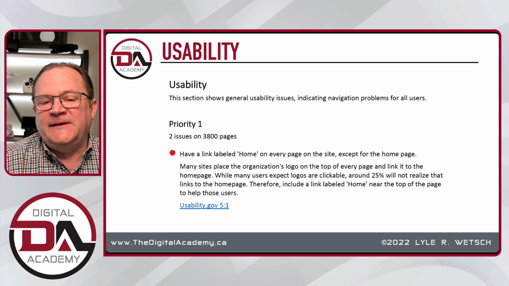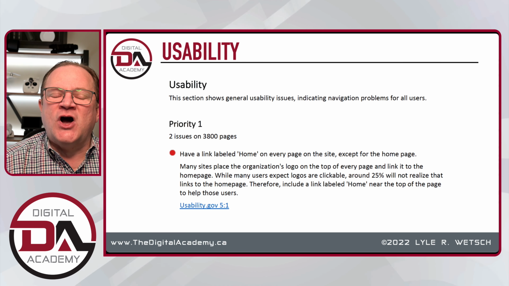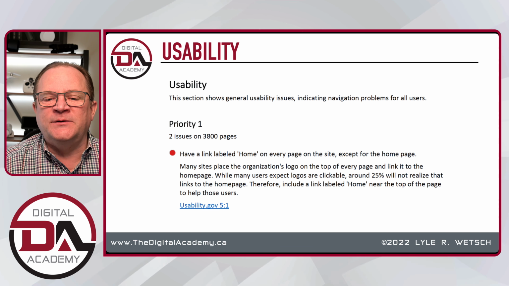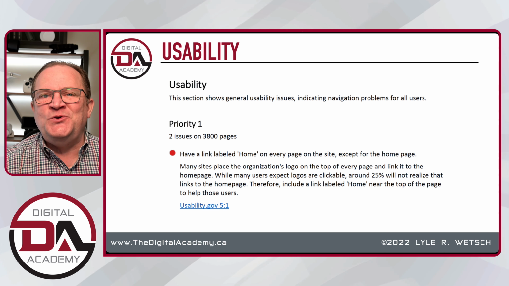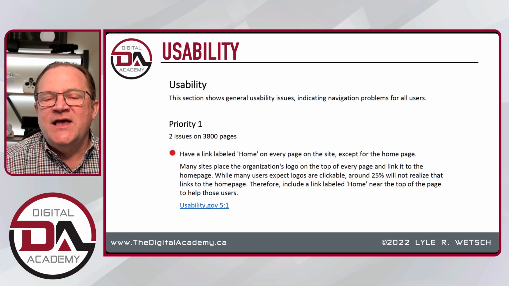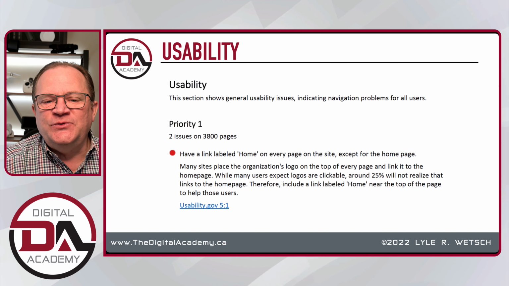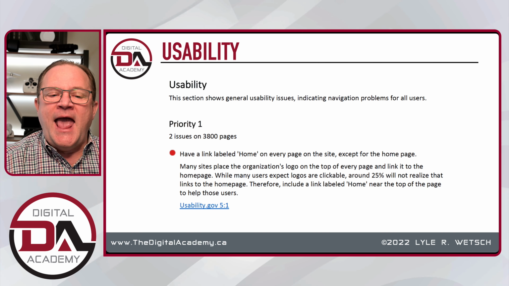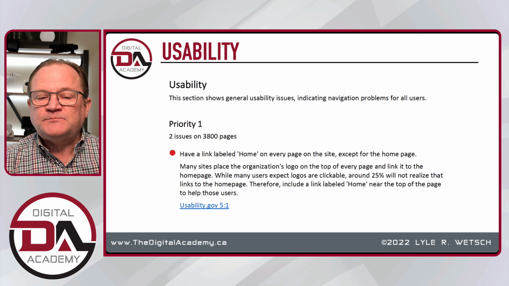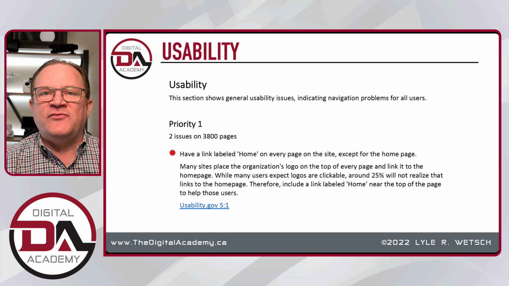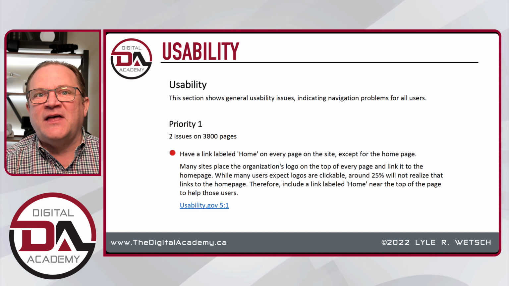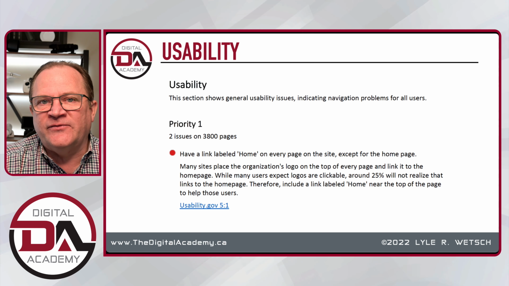Finally, usability. Usability talks about some general issues such as navigation problems. Are you missing key things? So for example, there are 2 issues on 3,800 pages on this particular website, and this is where you need to have a link labeled home on every page of your website so that people can get back to where they started from.